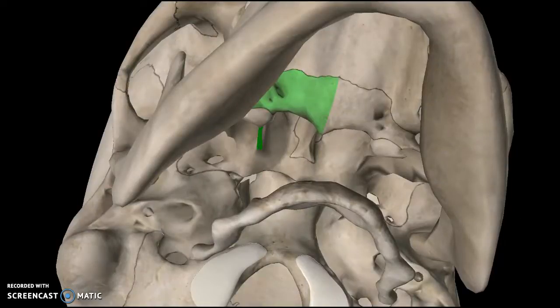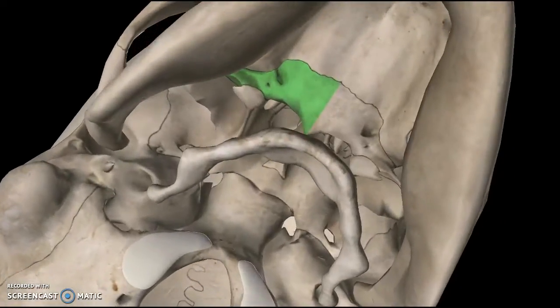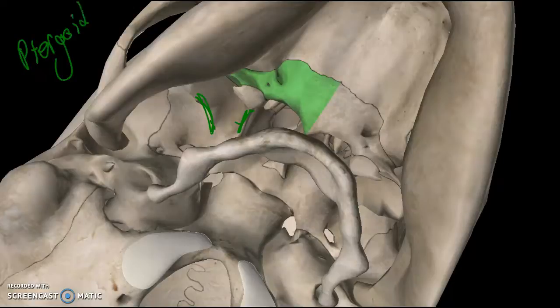This one and the one behind it. So let me zoom in. Okay, there you go. I feel like that's the best. This one and this one. These are the pterygoid plates.